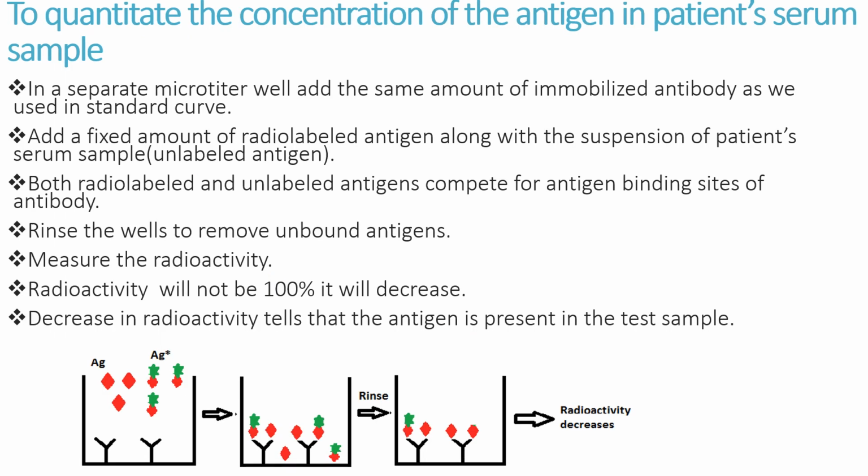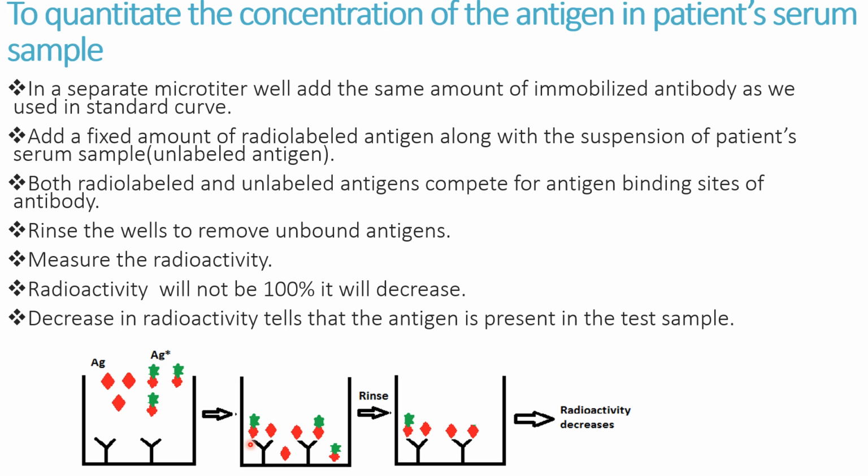Now, to quantitate the concentration of the antigen in the patient serum sample, we will take the same quantity of immobilized antibody in the microtiter well as we used in the standard curve. To this well, we add a fixed amount of radio-labeled antigen.